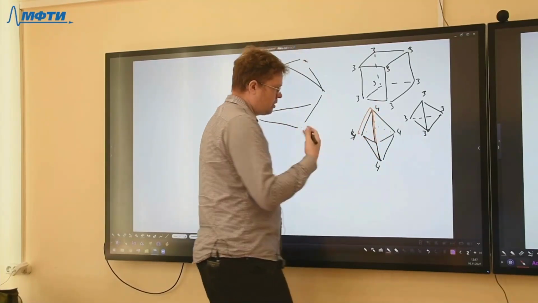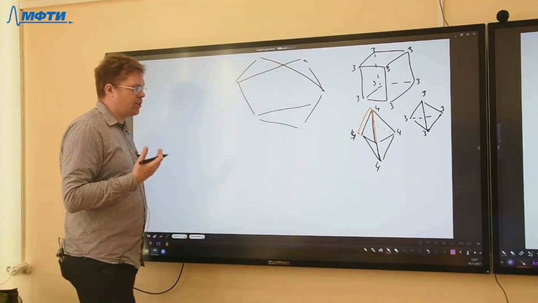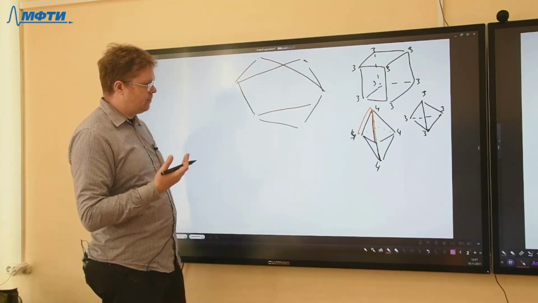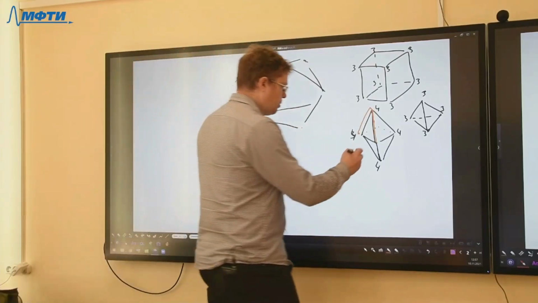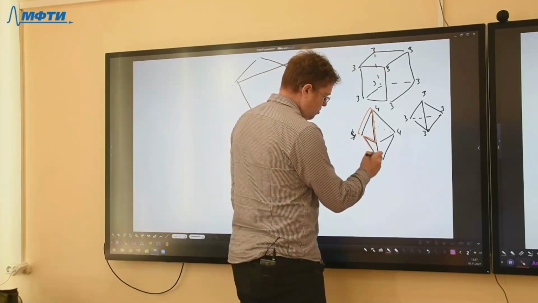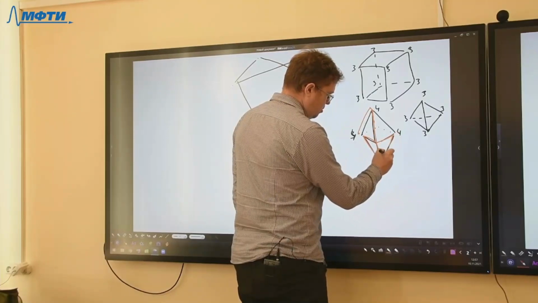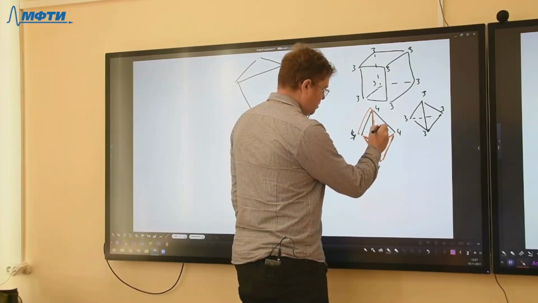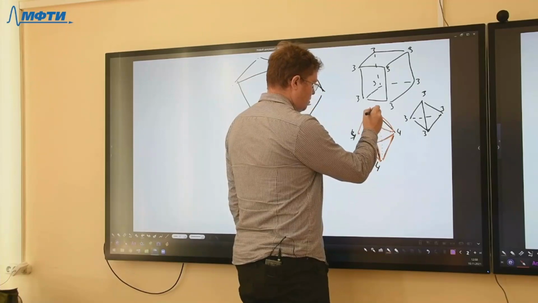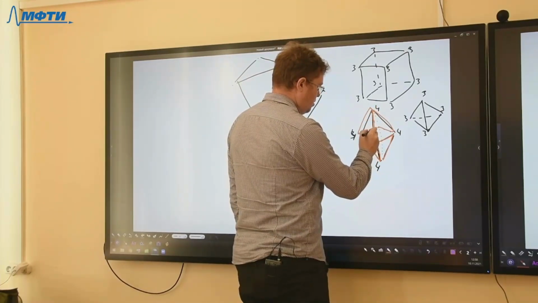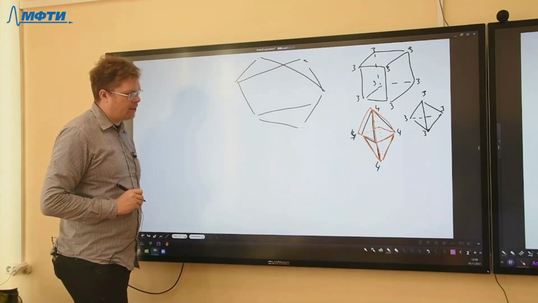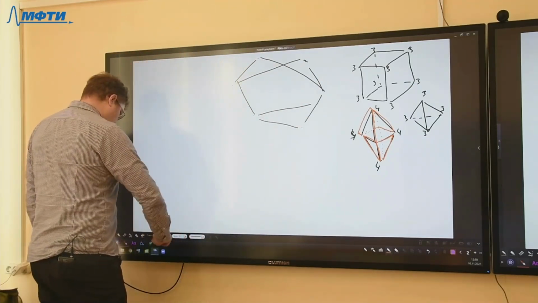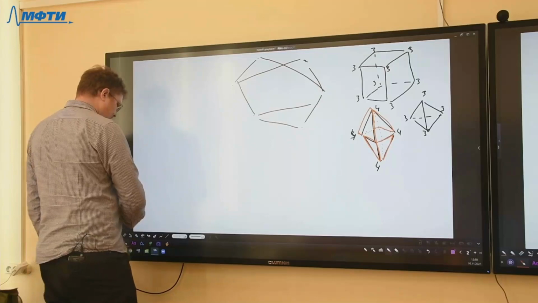On the next step, let's try to walk to other vertices if we can continue our trail. And so, as we can see, we can provide the Euler circuit here.